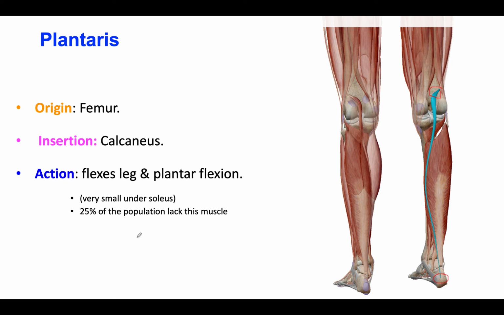It flexes the leg, and it allows plantar flexion. It's very small, of course, and it's underneath the soleus muscle. And what's interesting here is 25% of the population lack this muscle.